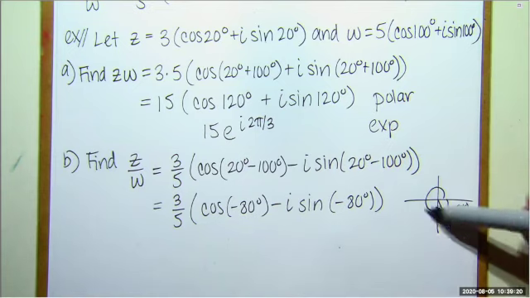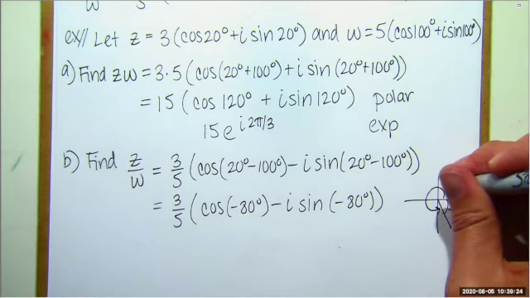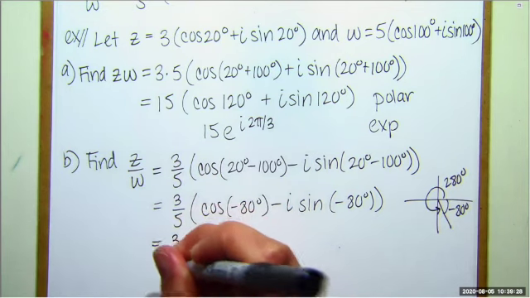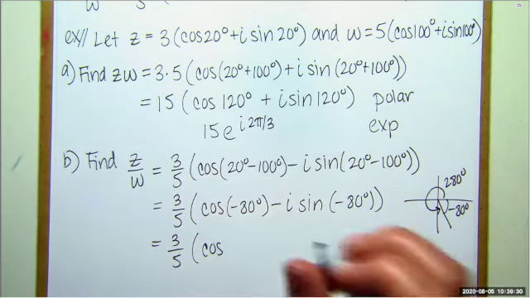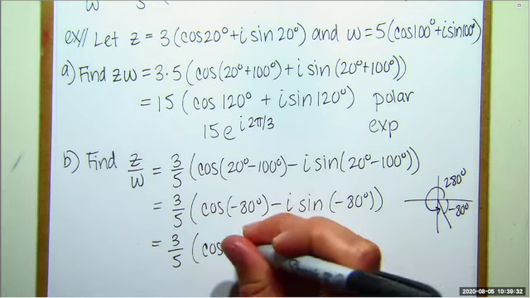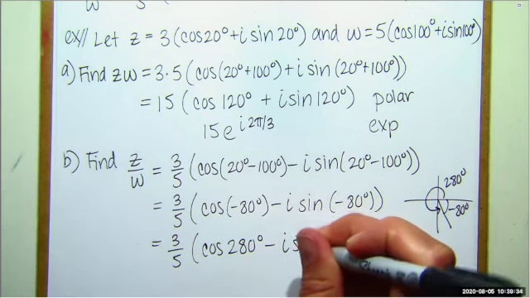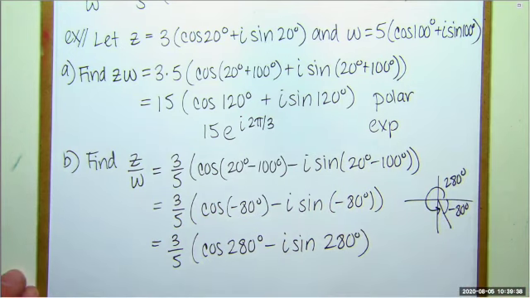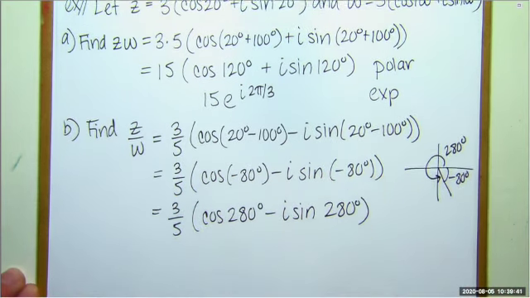So 360 minus 80 gives us 280. So the positive angle here is 280. So we should never have a negative angle in either polar or exponential form.